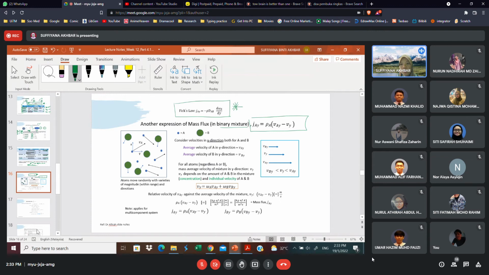Why y? Because it is similar for this one, in the positive y direction. So how do we come up with this?